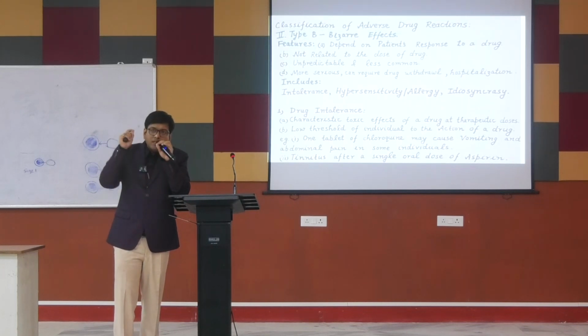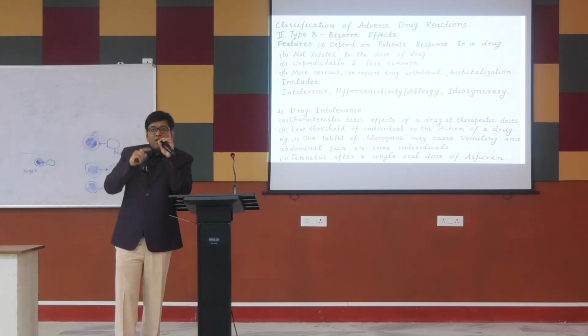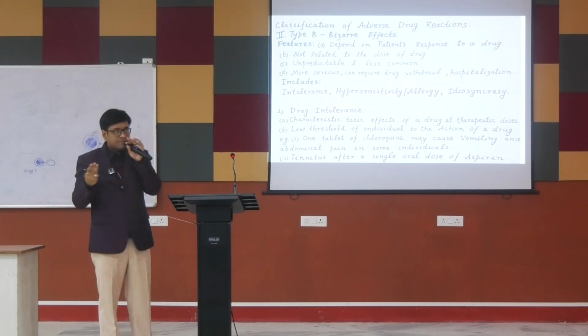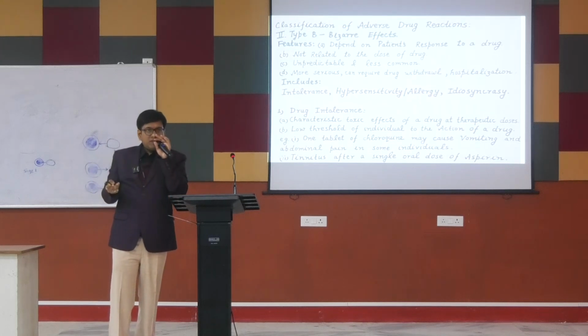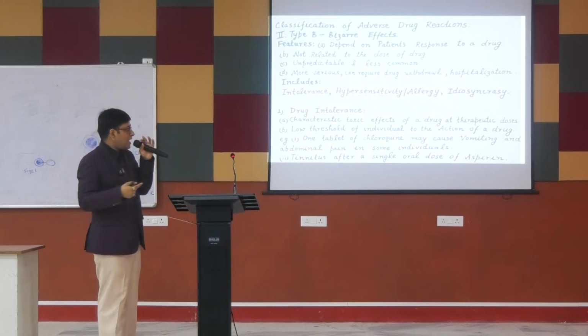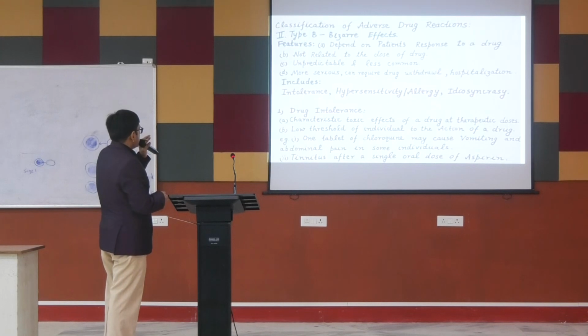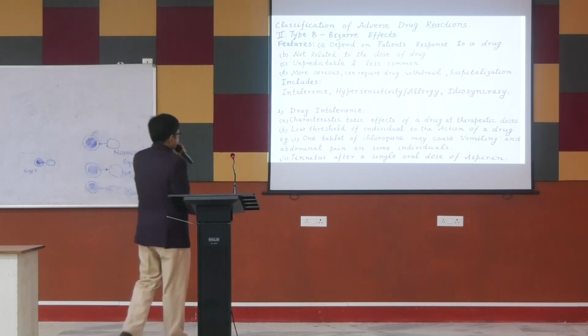Some patients are predisposed because of the uniqueness in their body to have certain unexpected side effects. So these are not expected. While augmented side effects type A you can expect to happen, you can be ready, but this can happen suddenly out of expectation. So they are more dangerous and they can be very serious. They include intolerance, hypersensitivity and idiosyncrasy.